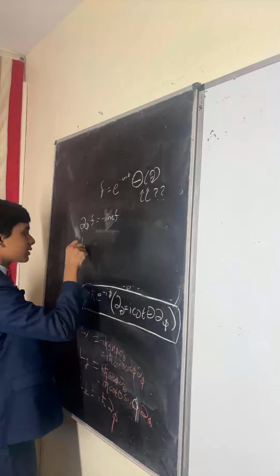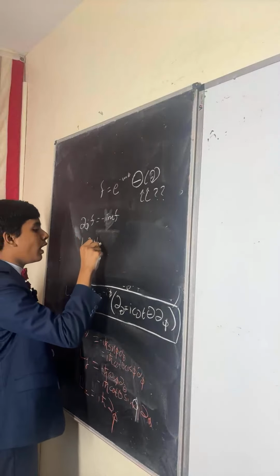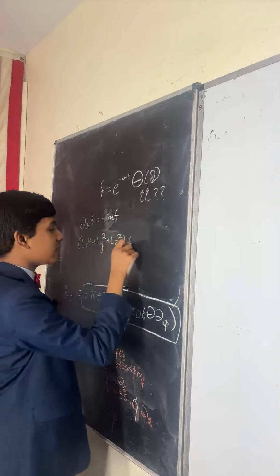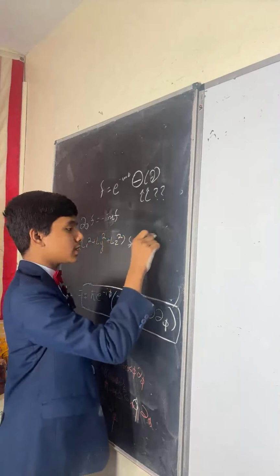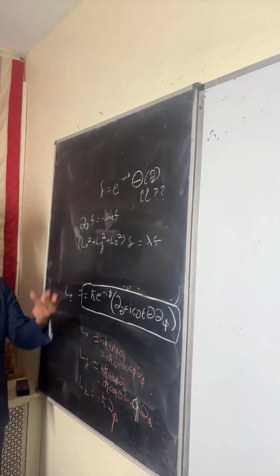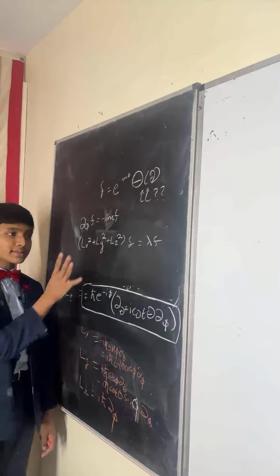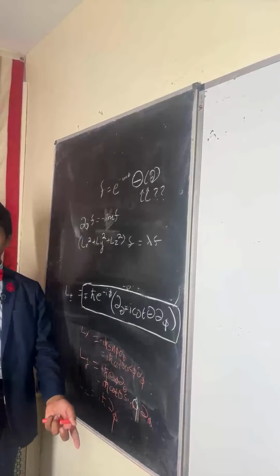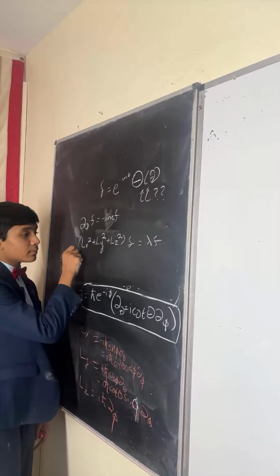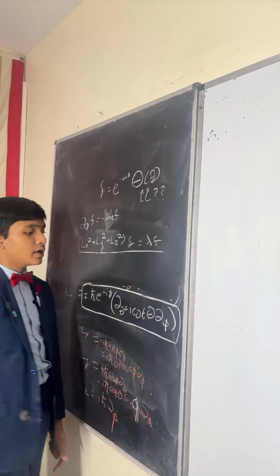Lx squared plus Ly squared plus Lz squared f is equal to lambda f. Now, of course, if we had to plug in these definitions in order to write this thing out in full, we'd all have to jump out of the window first. So instead, what we're going to do is abbreviate this using what we know.